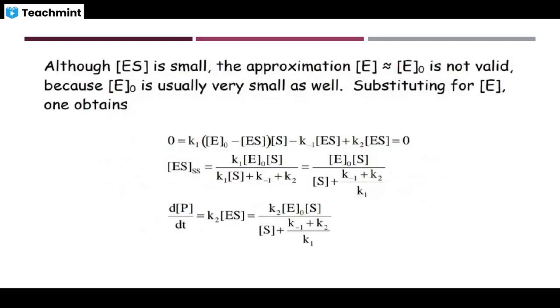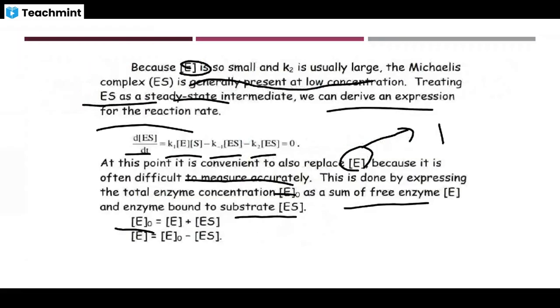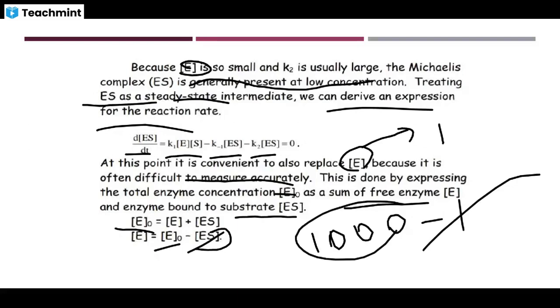Although ES is very small, here you see ES is very small, so can you neglect it? You cannot neglect it like that, because E0 is also very small. Only when it is a million minus 1 can you neglect the 1, because 999 is approximately equal to 1000.